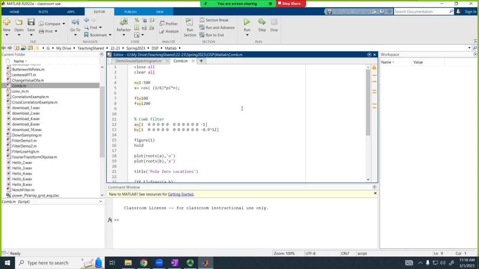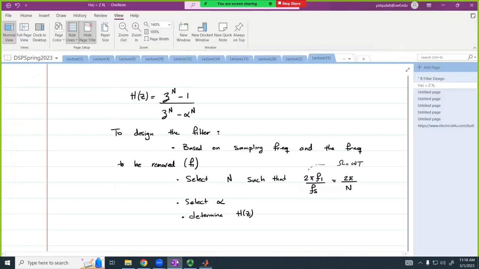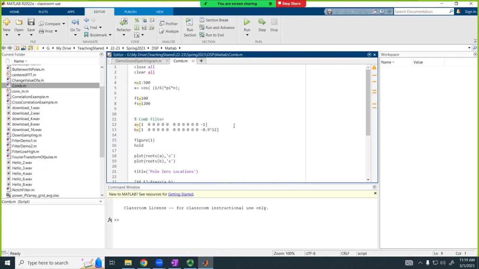Therefore, what is H(z) going to look like? z to the 12 minus 1, divided by z to the 12 minus alpha to the n. So I have the numerator of H(z), which is going to be all these zeros.